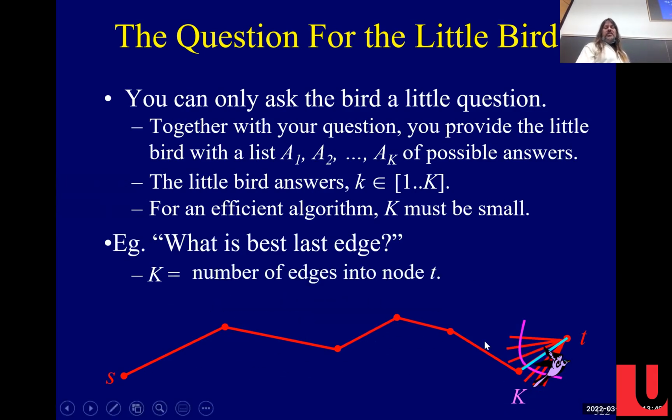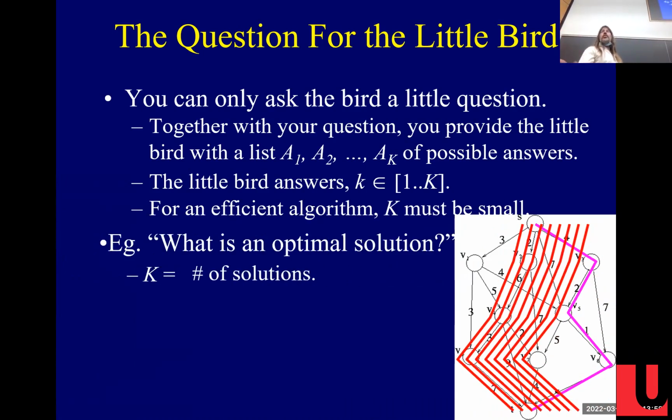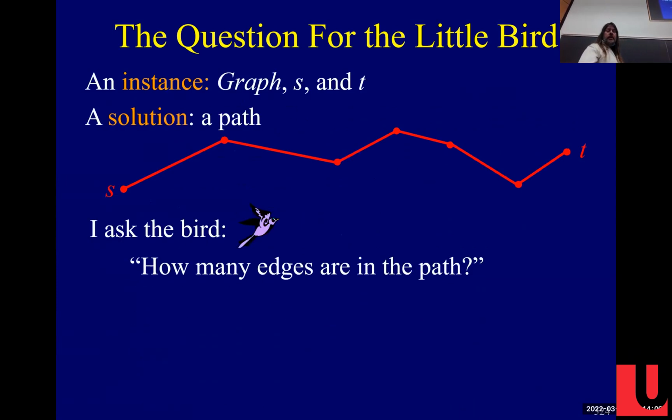If I ask what's the last edge, then the number of answers corresponds to the degree of that node. But if I ask her what's the optimal solution, then there's an exponential number of answers, and so that's bad.